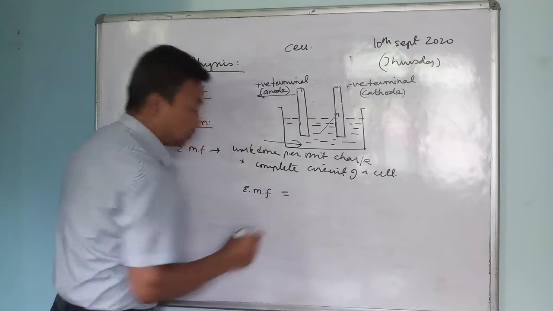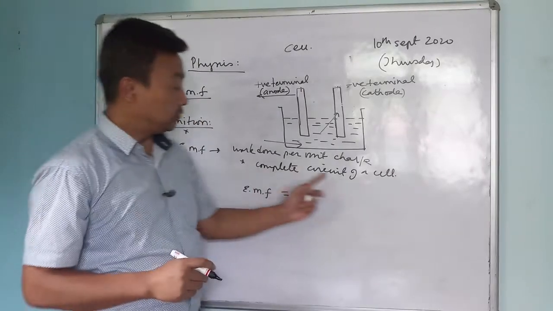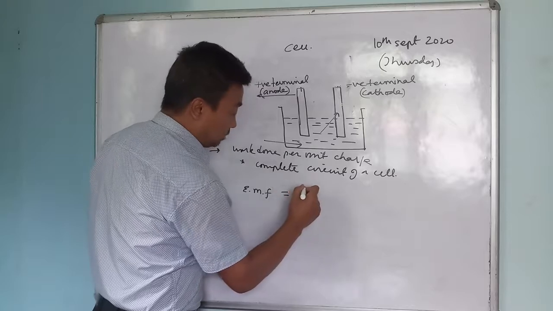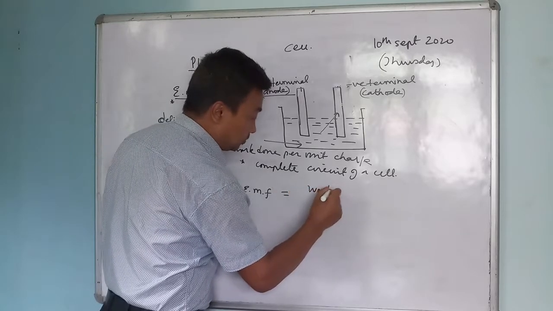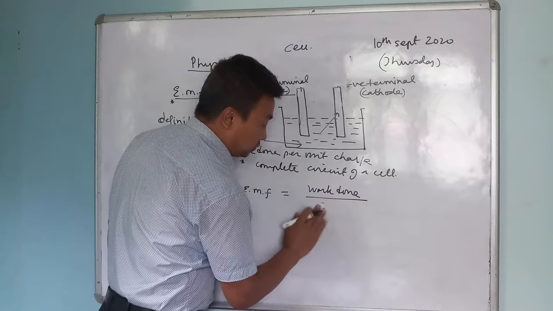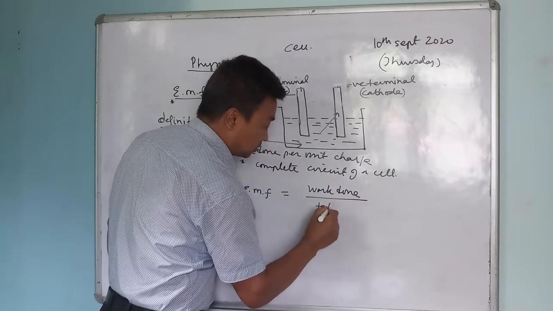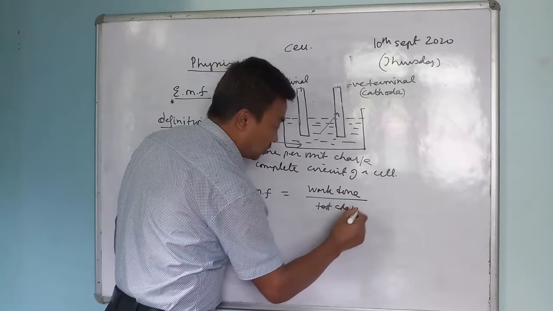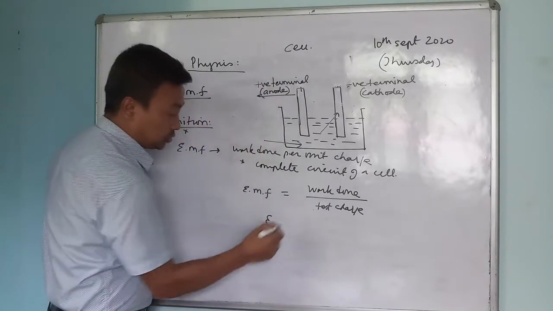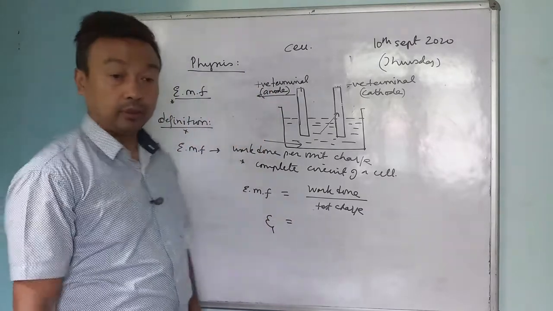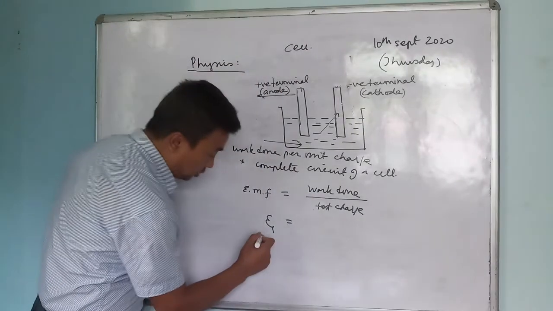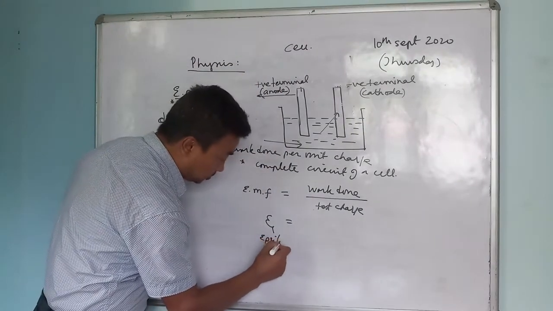So we now have the definition of the EMF, or we can also write down the formula of the EMF. EMF is work done divided by the positive test charge. EMF is given by the symbol epsilon.